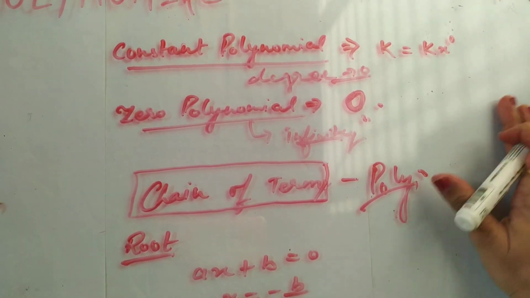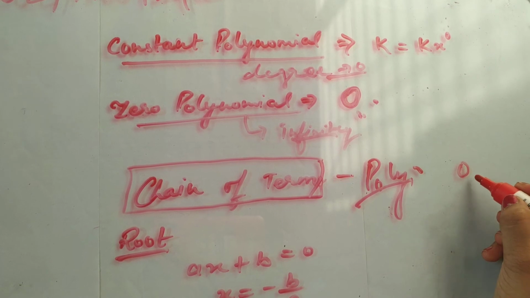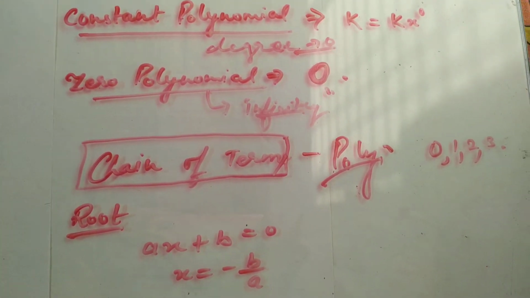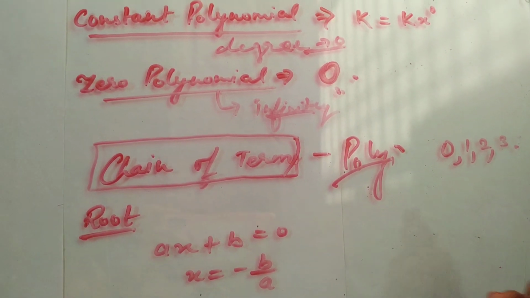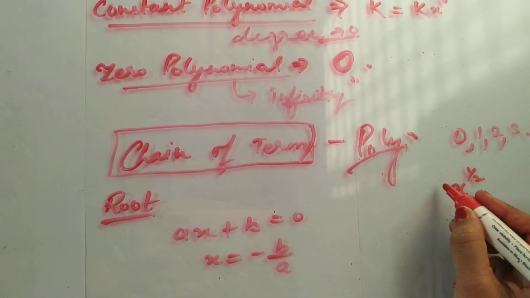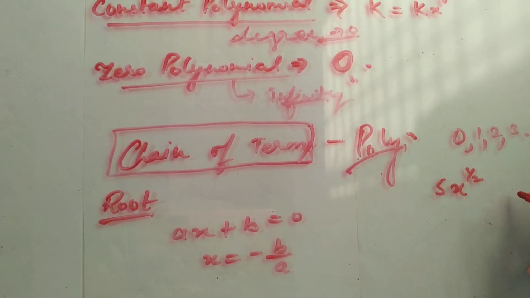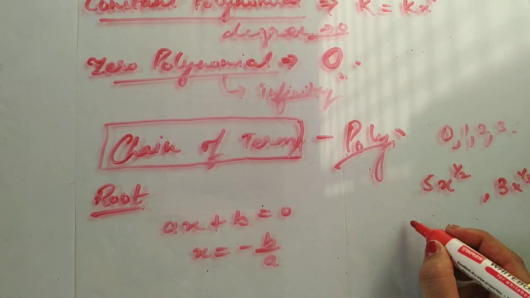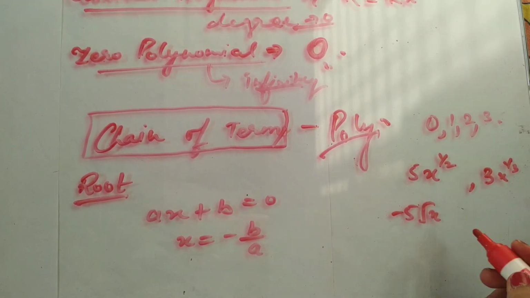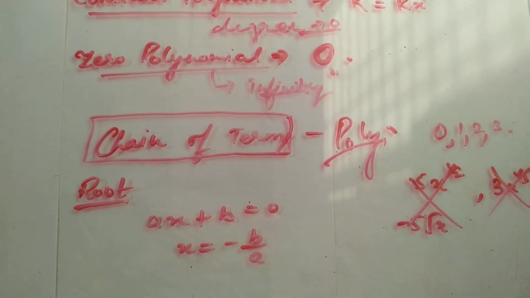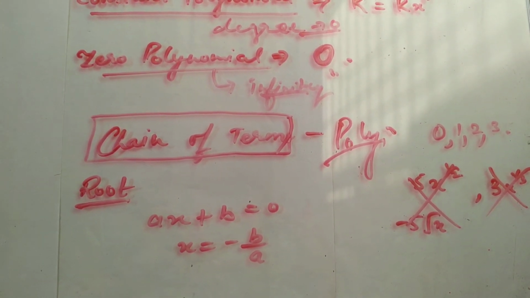It is always 0 or greater than 0, a non-negative integer or whole number. We can't say that x to the power 1 upon 2, 5x to the power 1 upon 2, 3x to the power 1 upon 3, minus 5 root x are polynomials. All are not polynomials, because the degree is never a rational number.